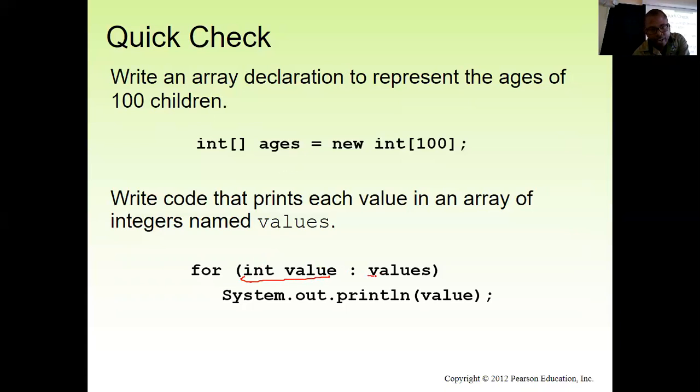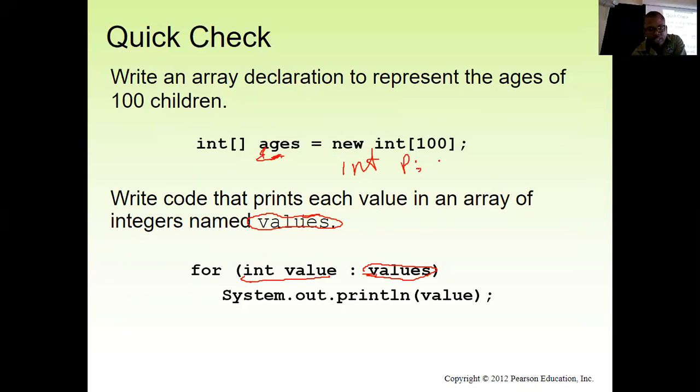This is the array, well, this is incorrect. It should be ages, but in this case it says the array is called values, so that actually corresponds. But if we wanted to do ages, then of course we would have int, and we could call it p.